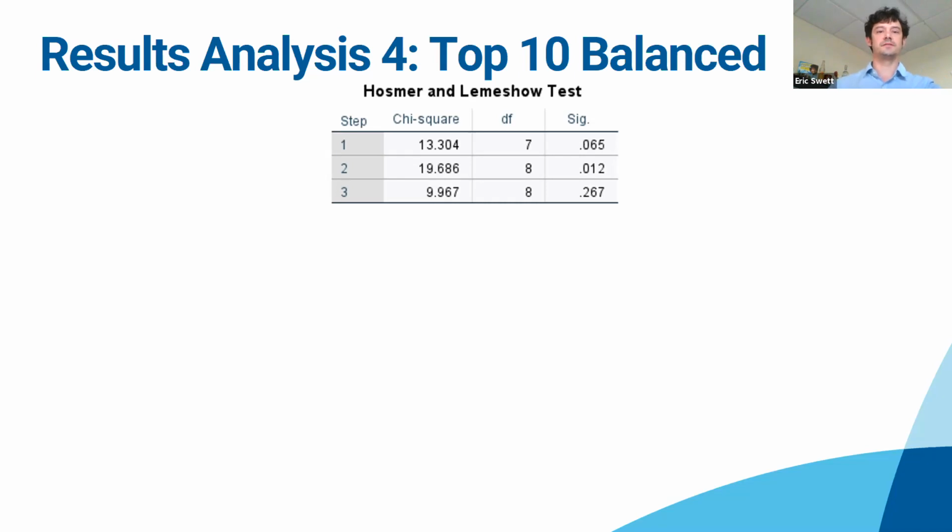The second model was even better, less than 0.05. The third model, however, was not statistically significant. So the software basically stopped. We ran the third model with the variables in the equation. It was no longer statistically significant, and it stopped adding variables.